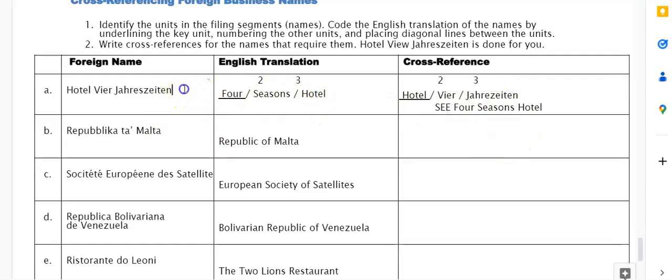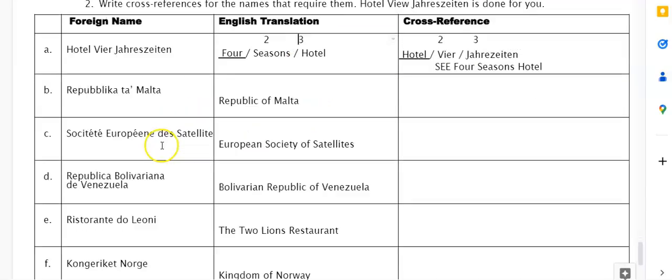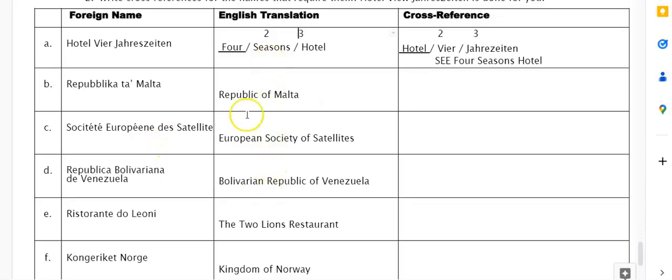On the actual document that we're working on, we would write out Four Seasons Hotel, which is the English translation, underline our key unit, which is Four, and then label Seasons as Unit 2 and Hotel as Unit 3. So the English translations are given to us here in these examples.